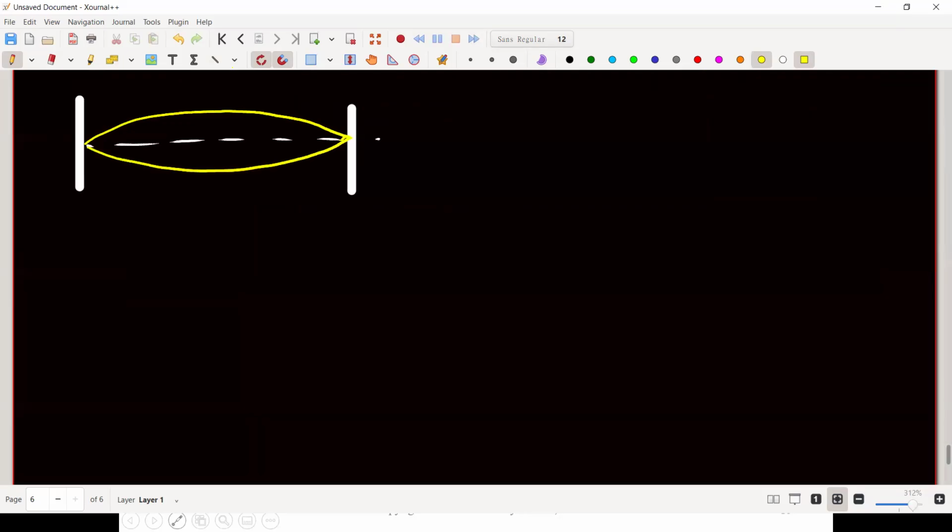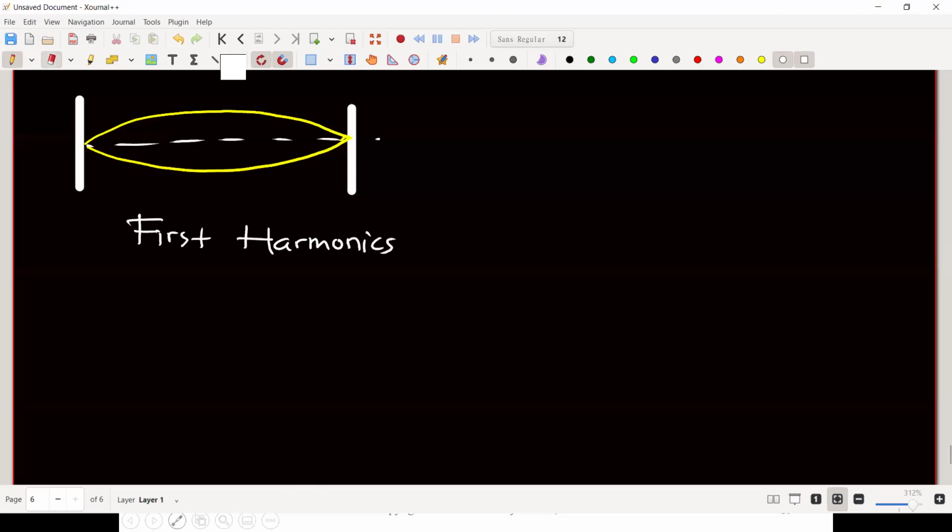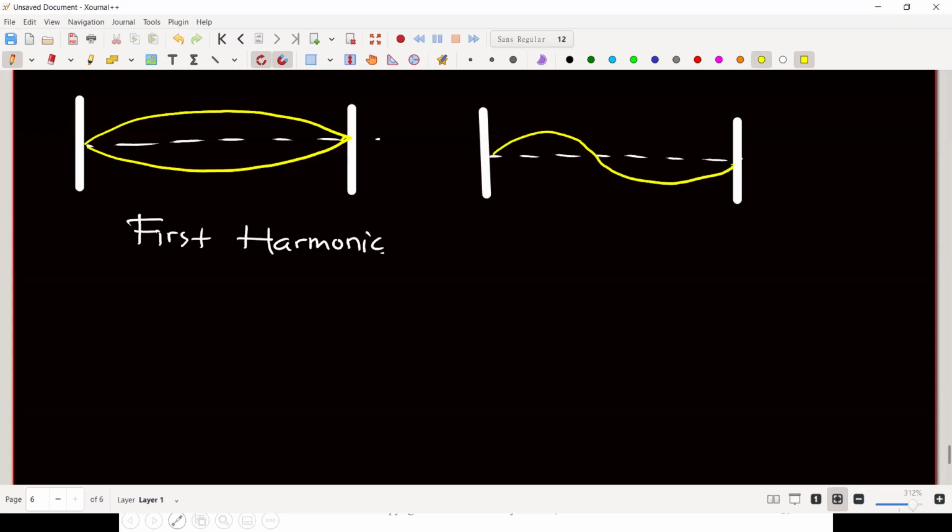A wave like this we know as the first harmonic. Then another one, in the same length of string, we can see here as the second harmonic.